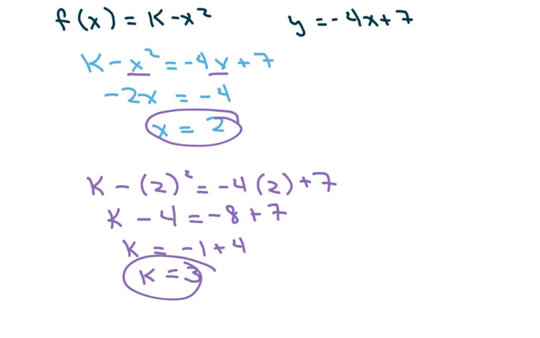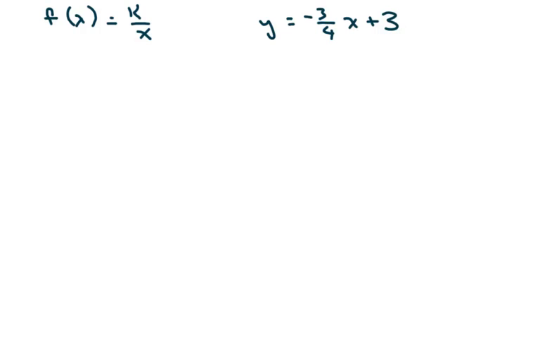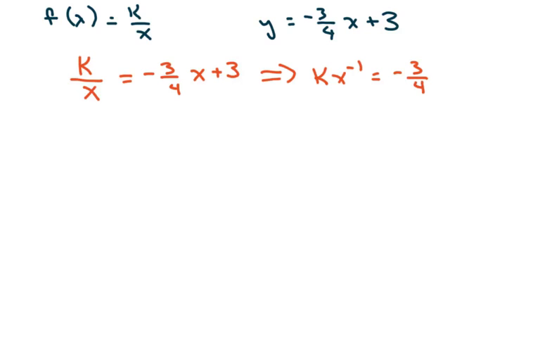Next one is fraction 1. So let's equate the equations first. And I'll go ahead and rewrite this as k times x to the negative 1. Now let's equate the derivatives.